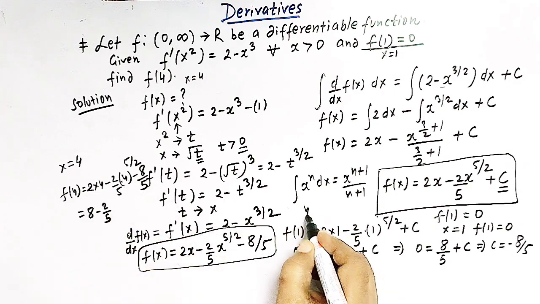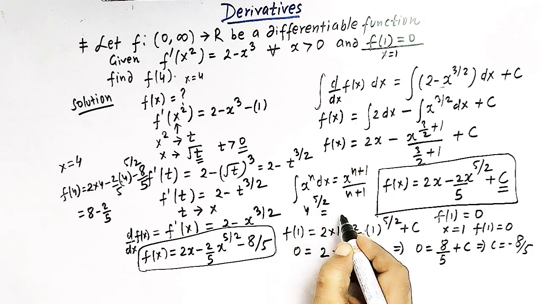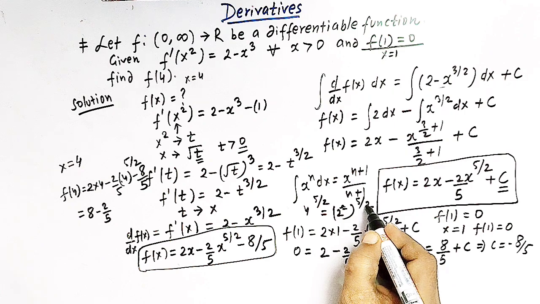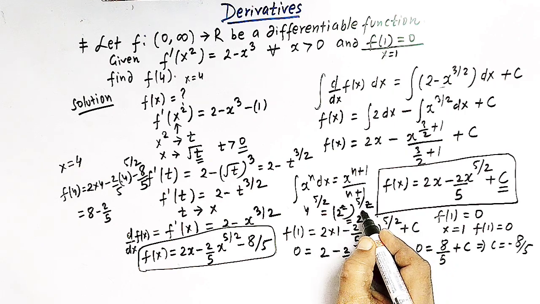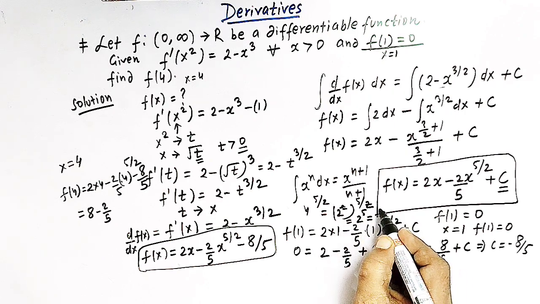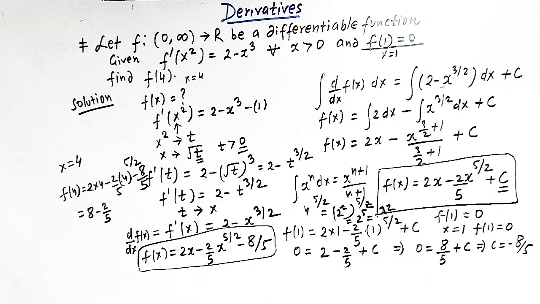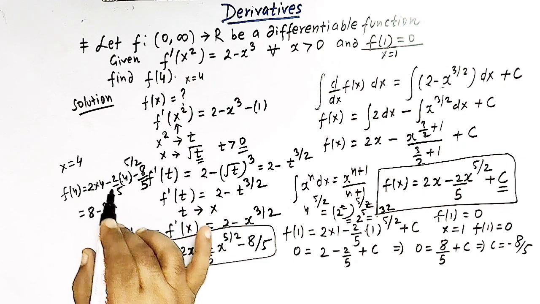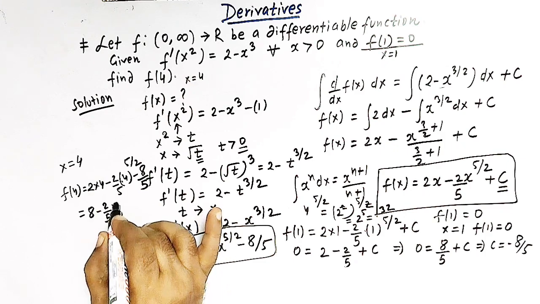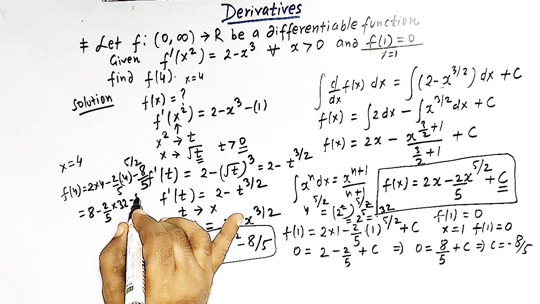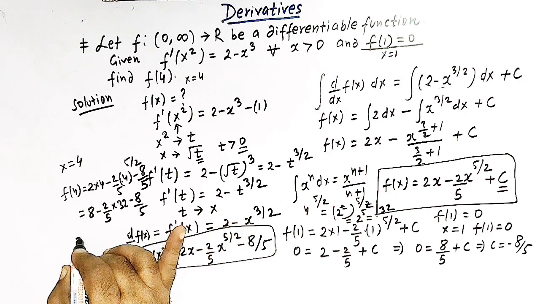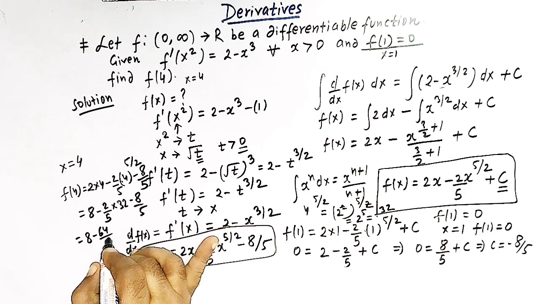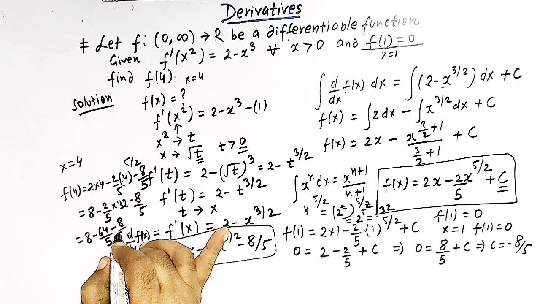Now 4 raised to 5 over 2 can be written as 2 square, raised to 5 over 2. Now 2 and 2 get cancelled, so we are left with 2 raised to 5, that is equal to 32. So now here we have multiplied, that is minus 2 over 5 times 32, then we have minus 8 over 5. Now simplifying it, we have 8 minus 64 over 5 minus 8 over 5.